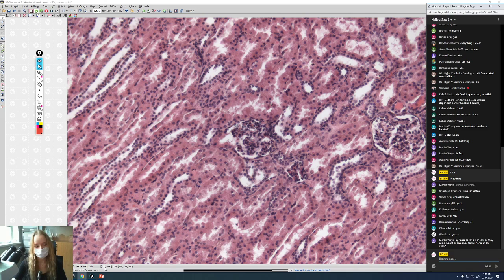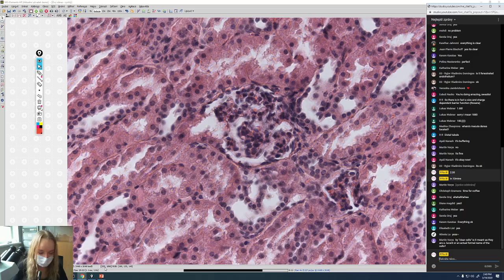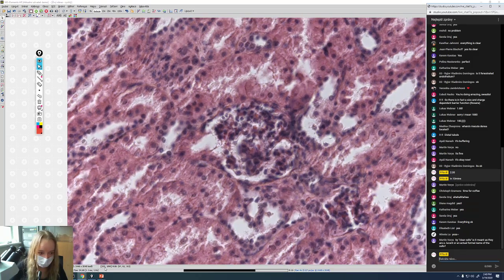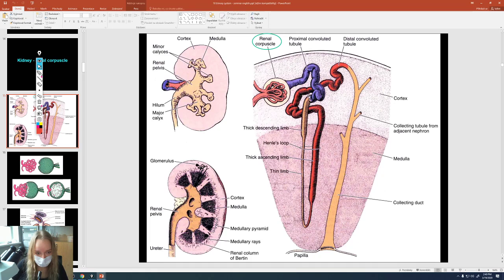Okay. Yes. We found one. It's a good corpuscle with both poles. And you know, the distal tubule is coming back to the renal body. As we saw in this picture before, this distal tubule is going back to the renal body, to the vascular pole.